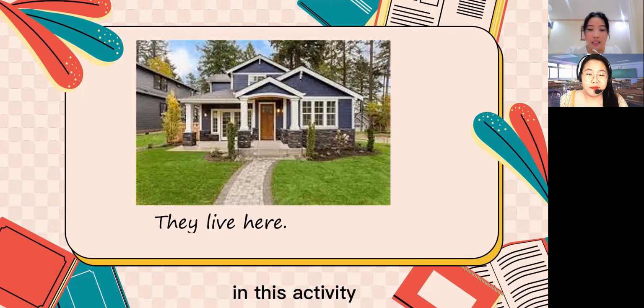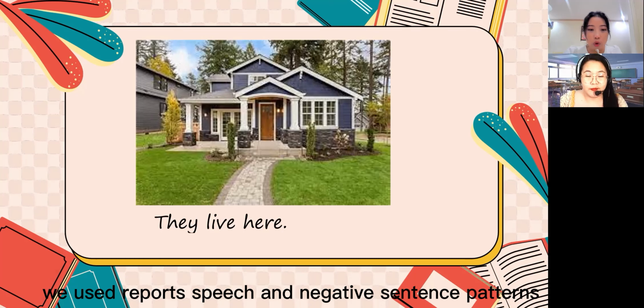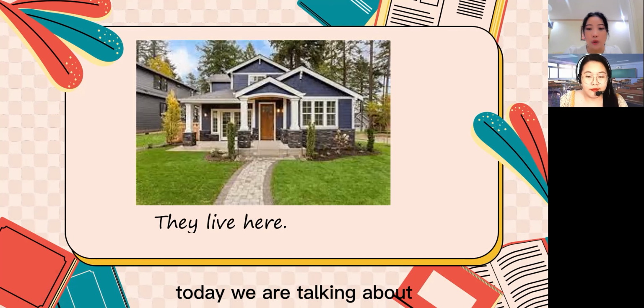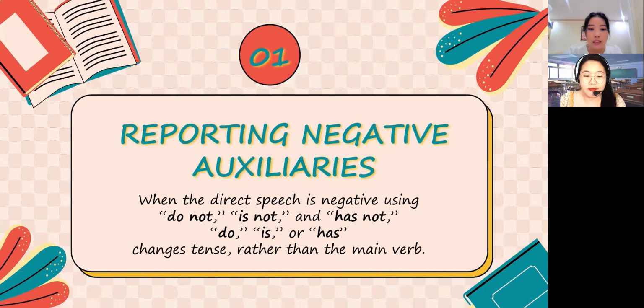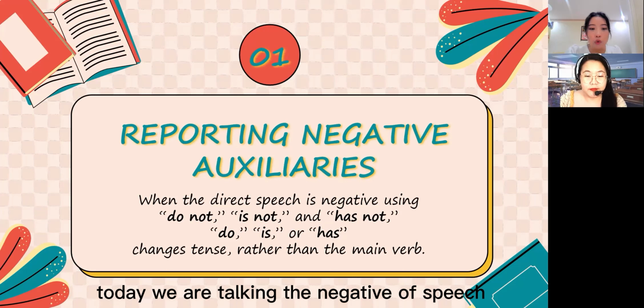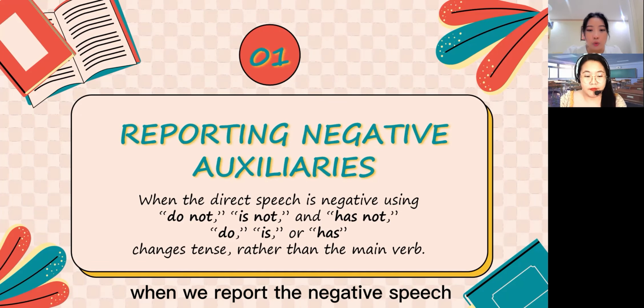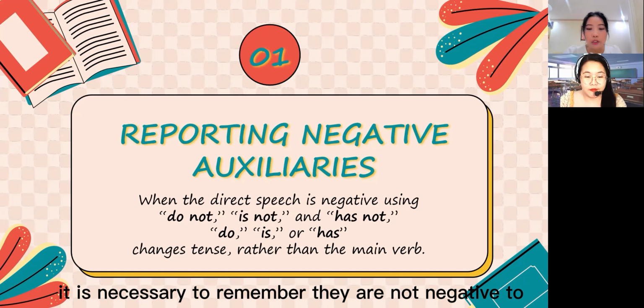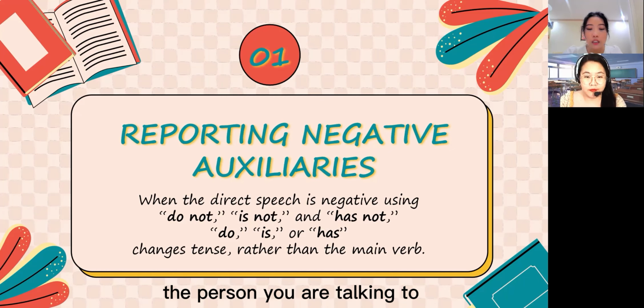In this activity, we used reported speech and negative sentence patterns. It is related to what we are learning today. Today we are talking about reported speech with negatives. When we report negative speech, it is necessary to remember they are not negative to the person you are talking to.